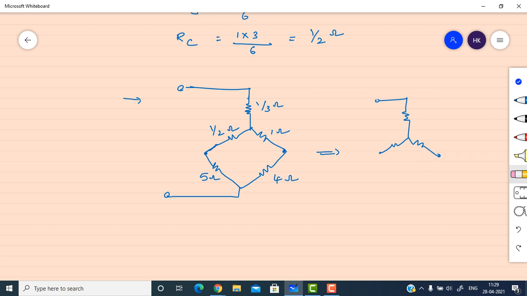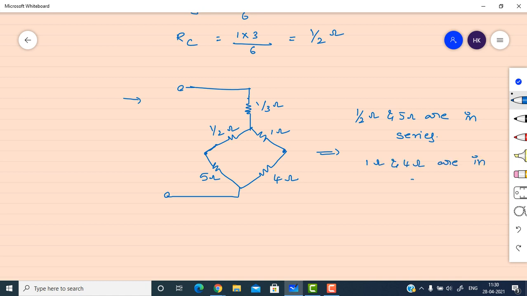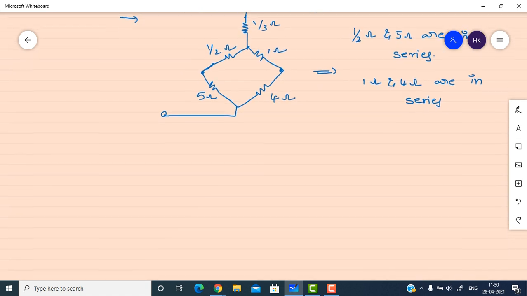So I will write it here. 1 by 2 ohm and 5 ohm are in series and 1 ohm and 4 ohm. These two are also in series. So I will replace the series combination of those with an equivalent resistance.